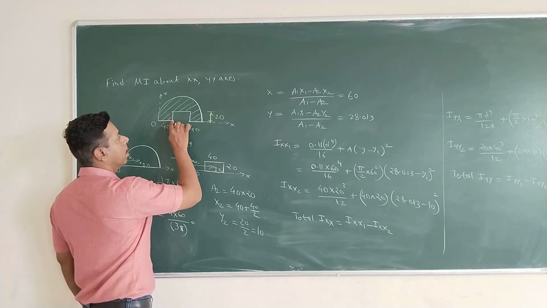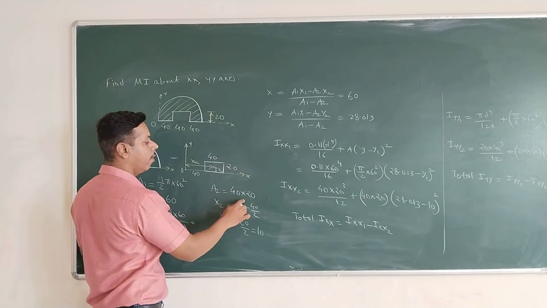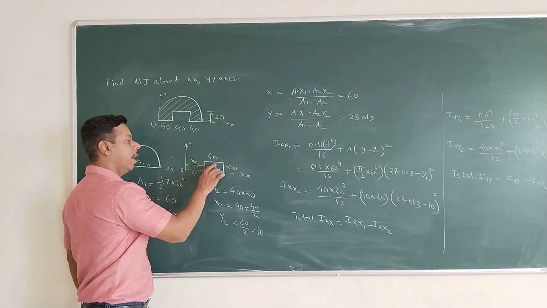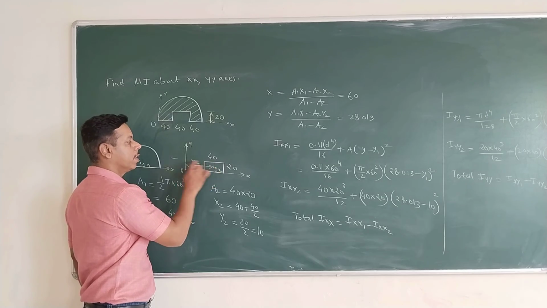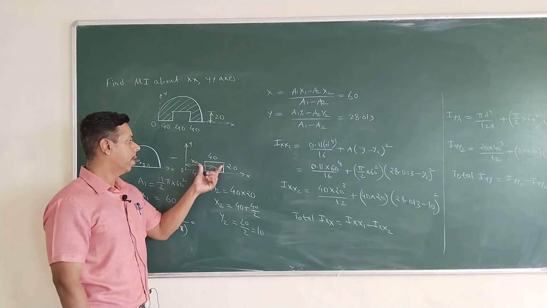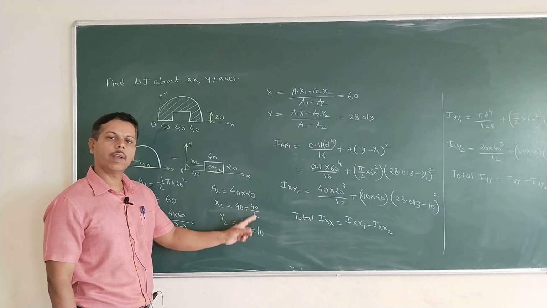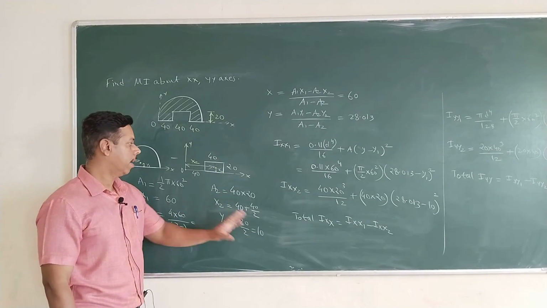Now the area of the rectangle is 40 by 20, so the area will be 40 into 20. For the distance of its centroid from the origin, the horizontal distance is x2 and the vertical is y2. So take this 40 plus half of 40, 40 by 2. Next, y2 is 20 by 2, that is 10.